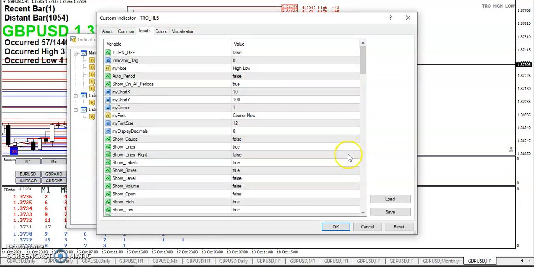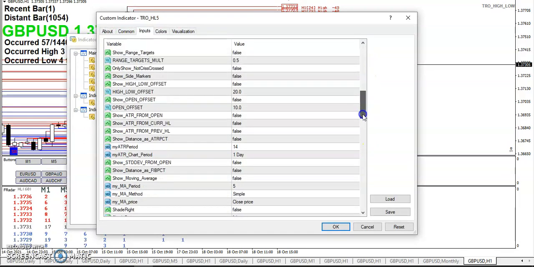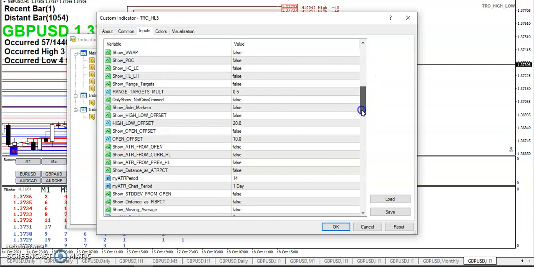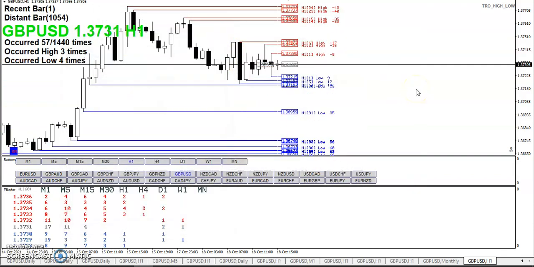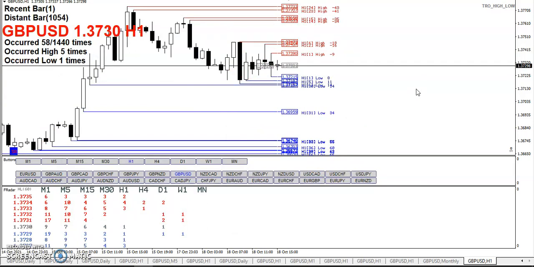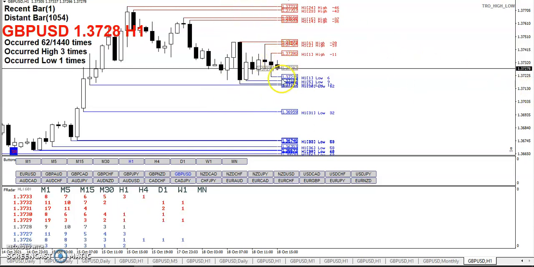So by just looking at the ones that haven't been crisscrossed, it tells us a lot. Now, of course, you could do this by hand. You could plot highs and lows, and then if it gets crisscrossed, you could take it off your chart. But this is why we have computers, right? So that's just using HL5 and your eyeballs, and you can see this.